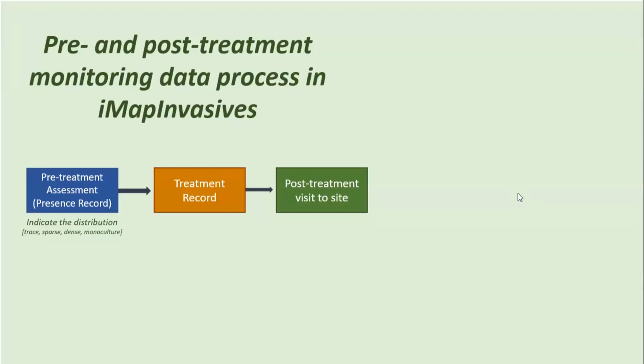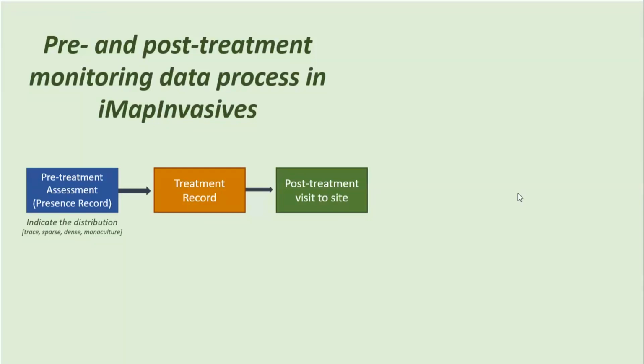iMap is very well set up to do assessments of an infestation, essentially. If you get to a site and you find a new infestation, a new species, you can enter a presence record into iMapInvasives that documents that yes, this species is here at this point in time. I'm going to walk through some of that. You can put in details about the extent and the distribution of that invasive species.